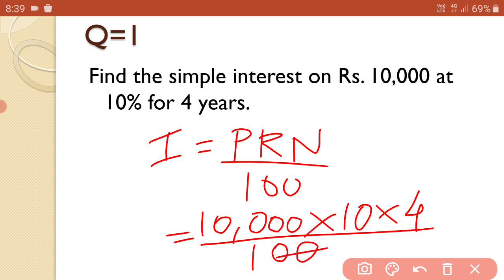Cut the zeros and multiply 1000 into 4, so your answer is 4000. This 4000 is called simple interest.